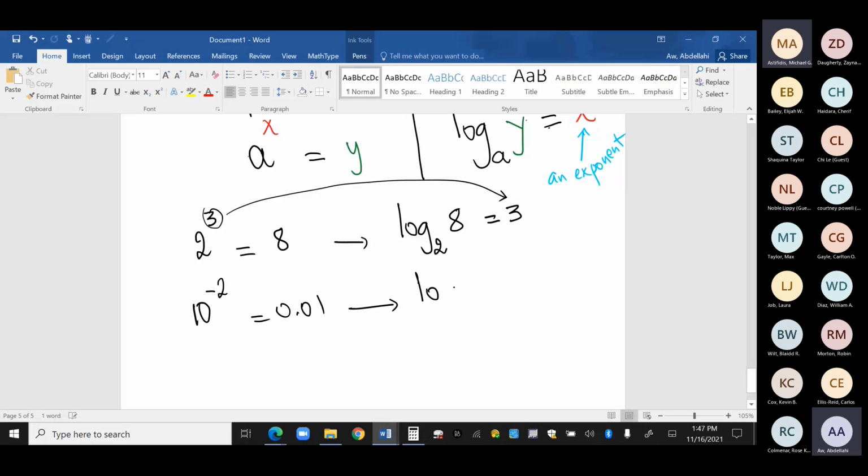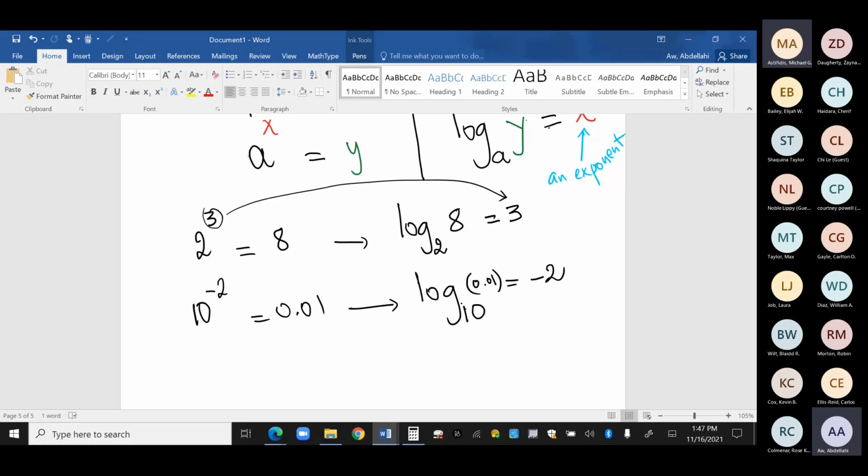Log, what is the base? 10. 10 of what? What do I put to the right side? Negative 2. It will be on the right side. And it's going to be 0.01. Everybody see that?